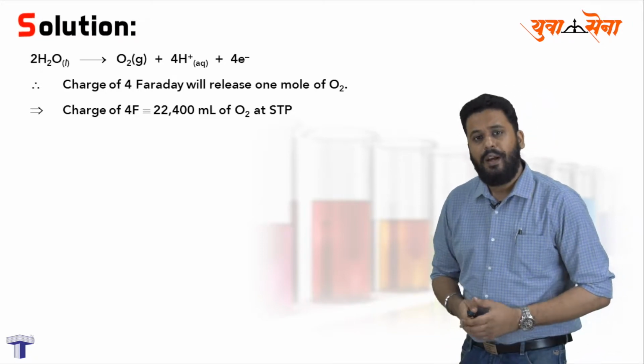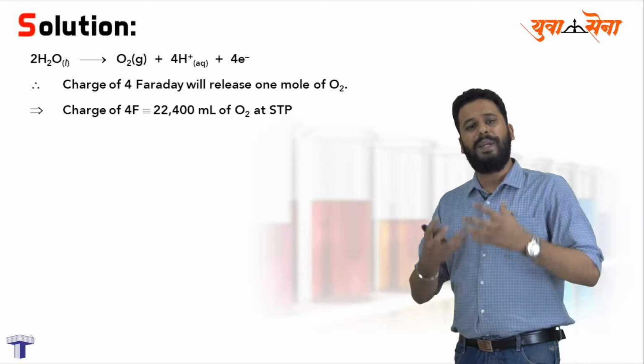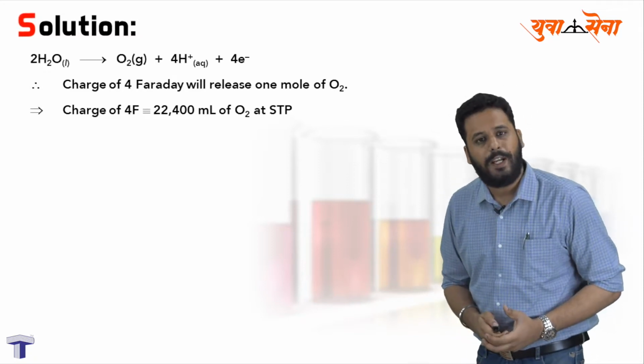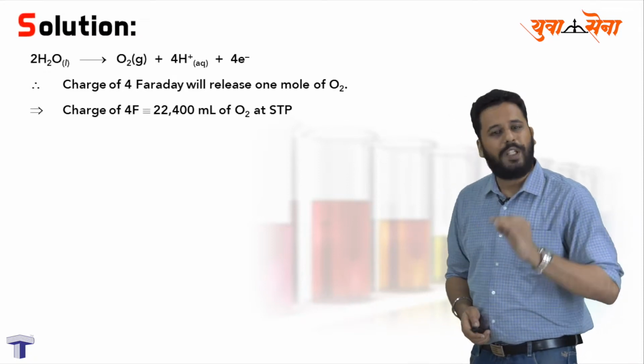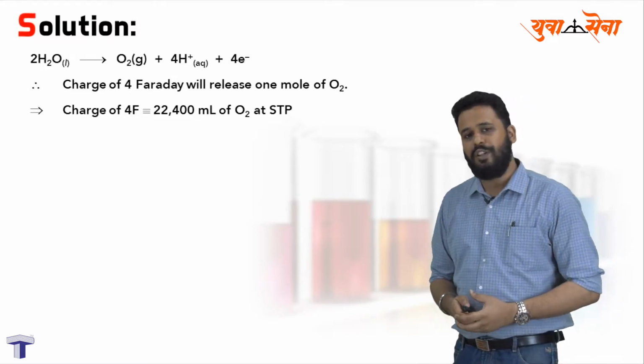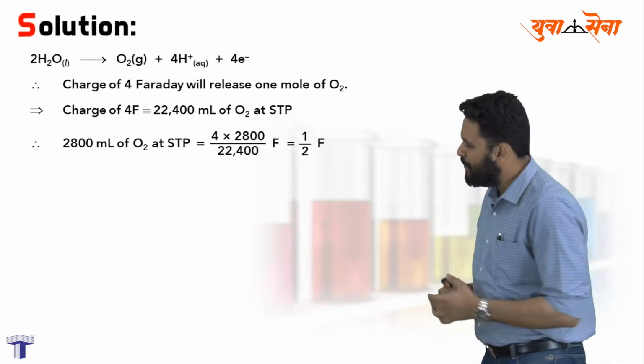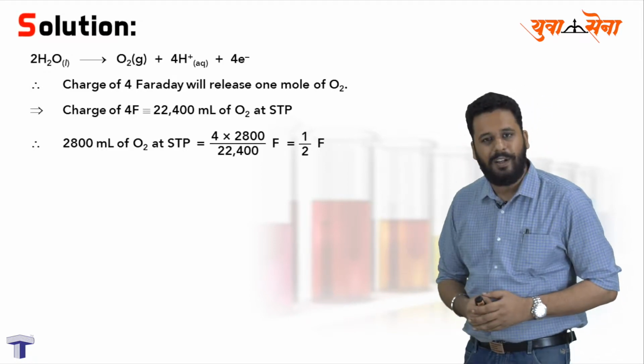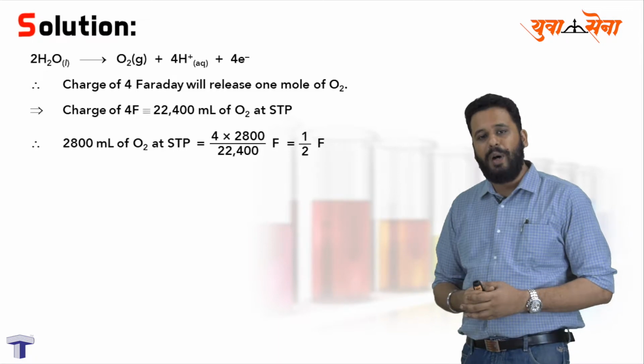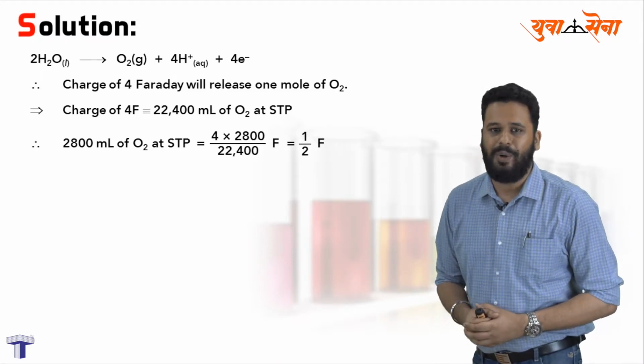Now, how much volume of oxygen is being given out as per the question? As per the question, 2,800 ml of oxygen is being given out. So how much charge will be required for that? Just a little bit of cross multiplication, and we can see that about half a Faraday is required.